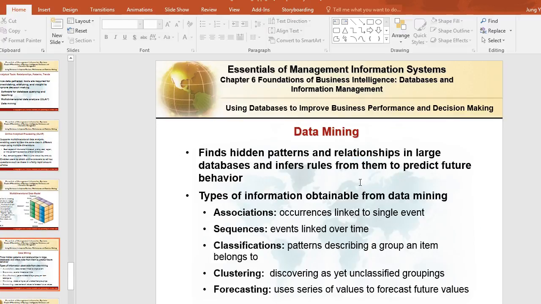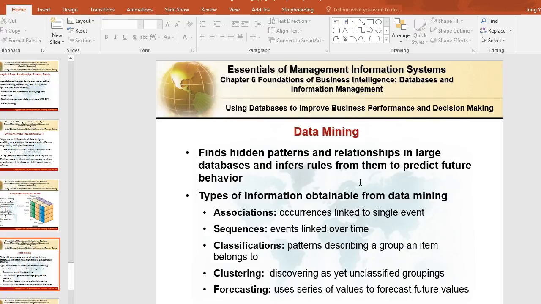Data mining is trying to find hidden patterns and relationships in large databases, and it infers rules from them to predict future behavior. This is part of the business intelligence technique to dig out the data and find the patterns from one cluster to another.